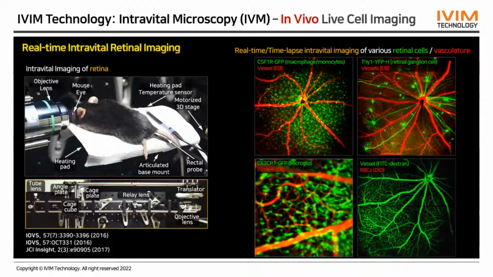This is the result visualizing various immune cells in mouse retina, including macrophages, retinal ganglion cells, and microglial cells in vivo using various transgenic mouse models which are expressing fluorescence proteins in the specific immune cells.